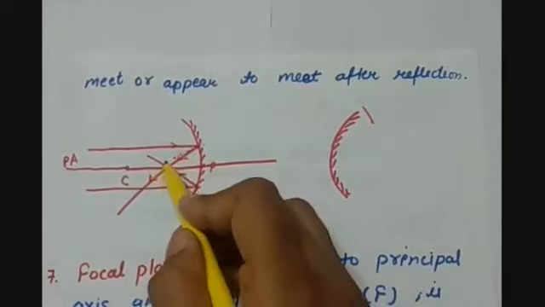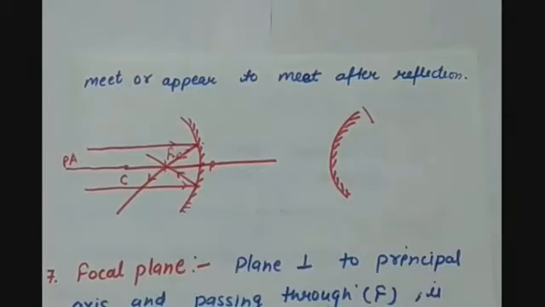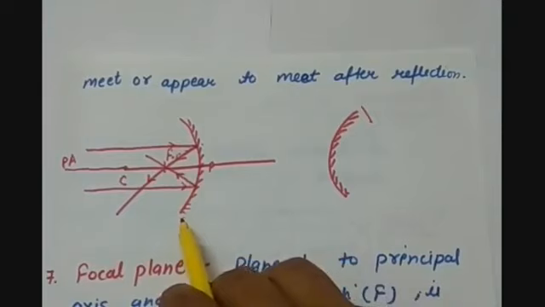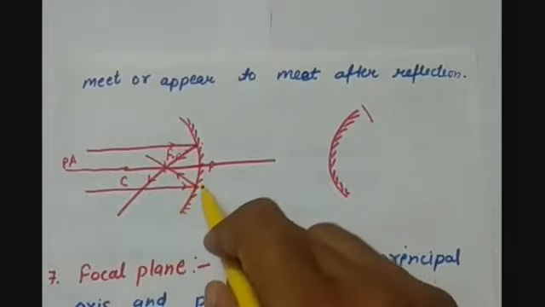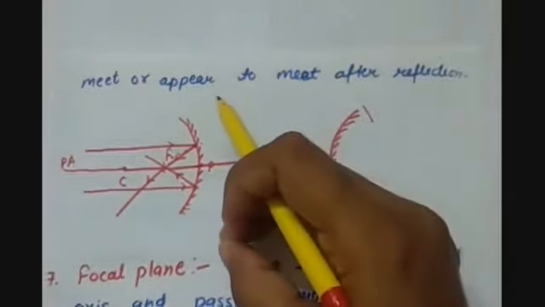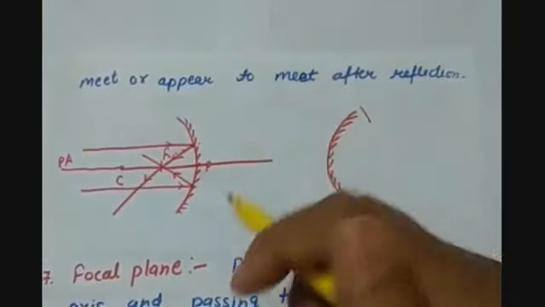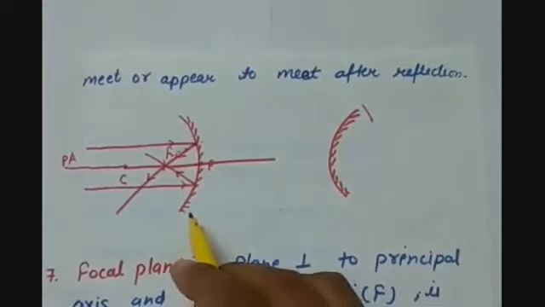So this is our principal focus, and that is why the concave mirrors are called convergent mirrors, because all the radiation coming to the spherical mirror is getting converged at a point and becomes focused. So that is why they are called convergent mirrors.